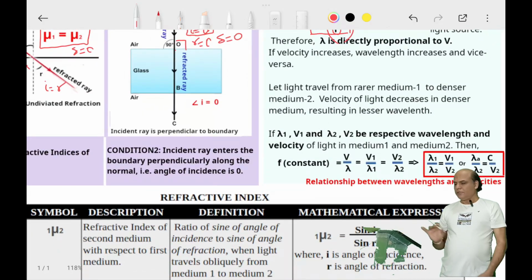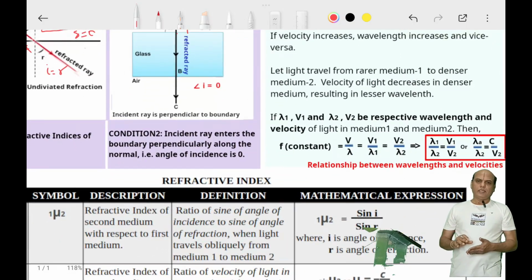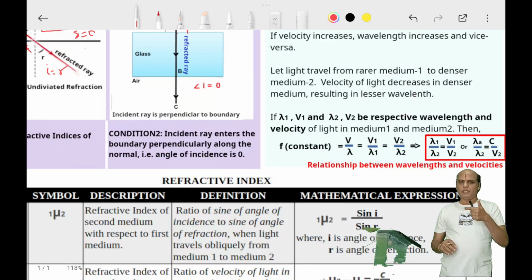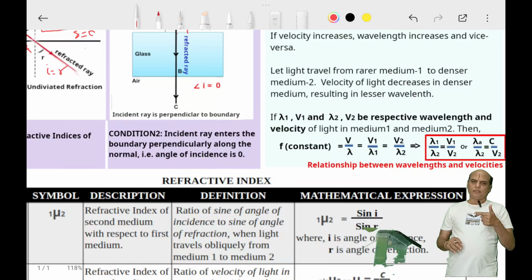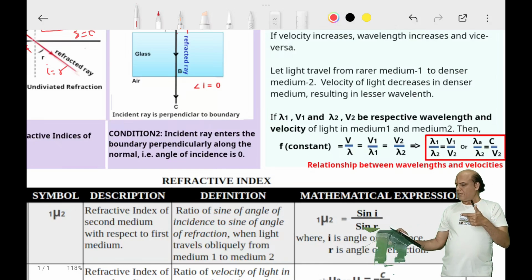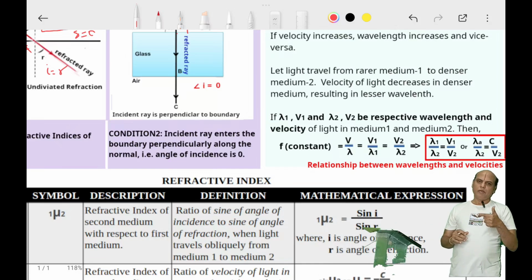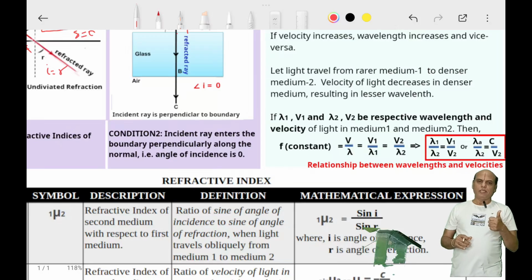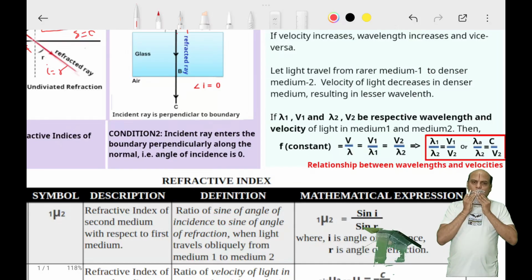Now consider a light ray that is moving through optical medium 1 and another optical medium 2. Let lambda 1 be the wavelength in optical medium 1, lambda 2 be the wavelength in optical medium 2. Let v1 be the velocity of light in optical medium 1 and v2 be the velocity in optical medium 2.